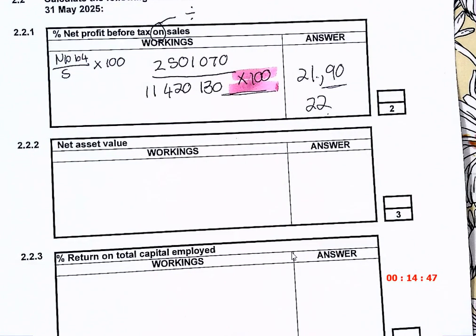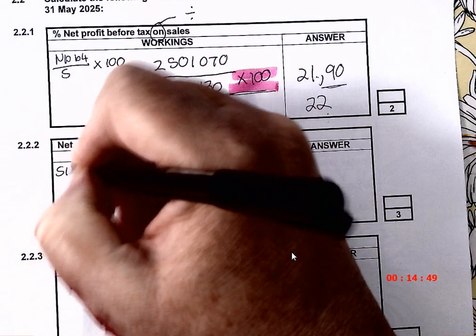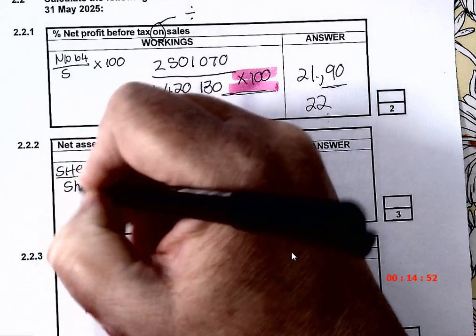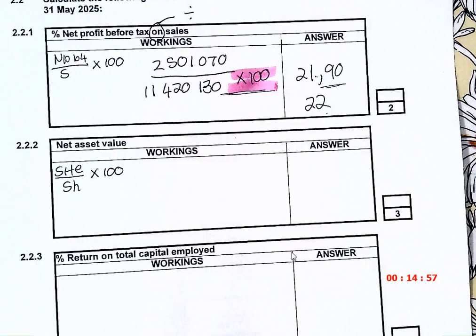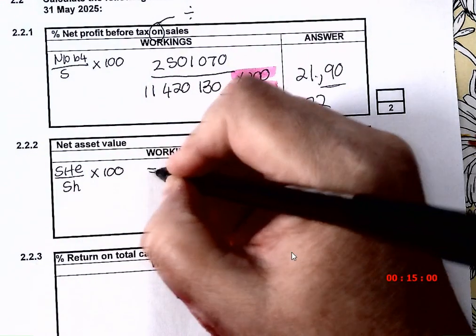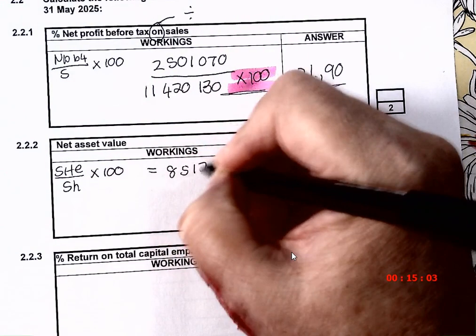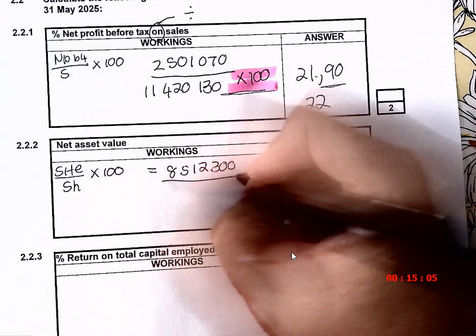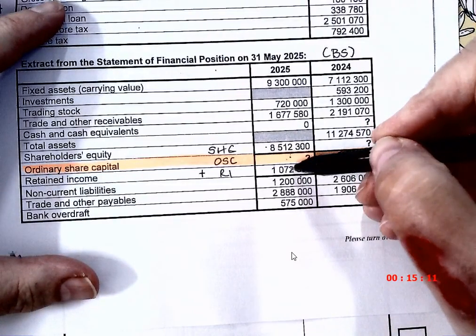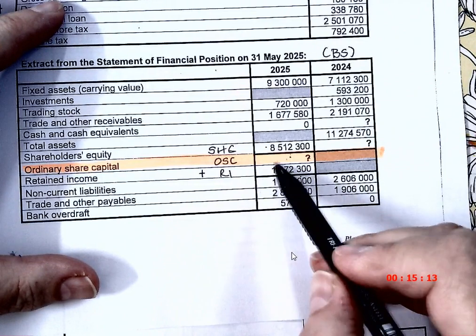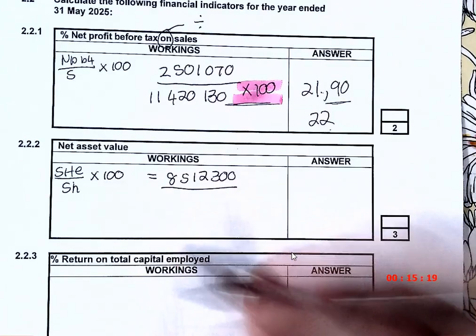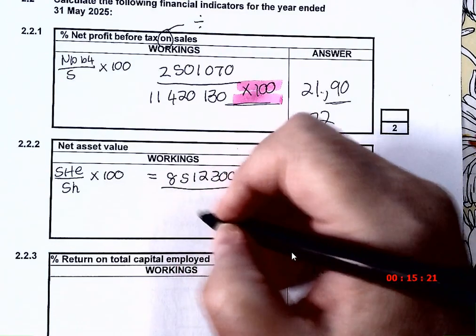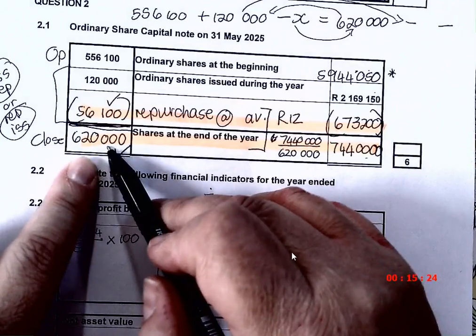Net asset value per share, times 100. So shareholders' equity they gave me. If they didn't give me shareholders' equity, I must know now that shareholders' equity is the retained income plus the ordinary share capital. Then they would have given you ordinary share capital and you would have added those two. Then how many shares are in issue? So you go look, 620.